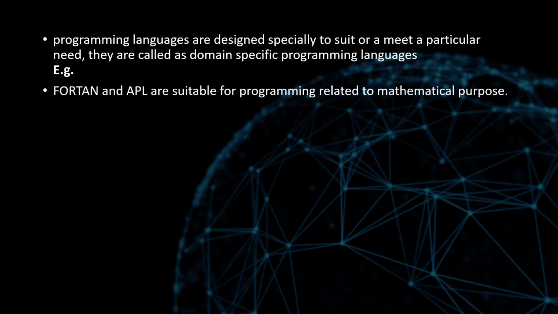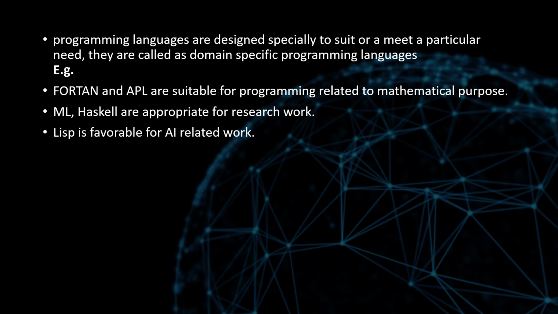To give a few examples, Fortran and APL are programming languages which can be used only for mathematical purposes. ML and Haskell are used for research work, and there is Lisp which is used for AI related work. So these were examples of domain specific programming languages.